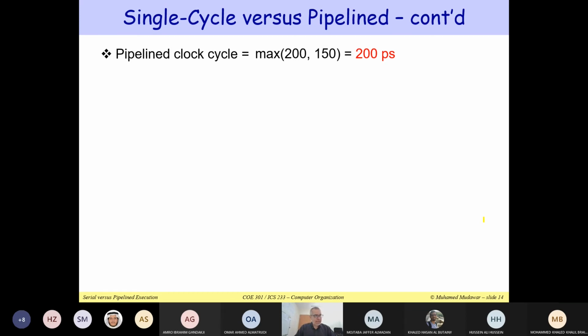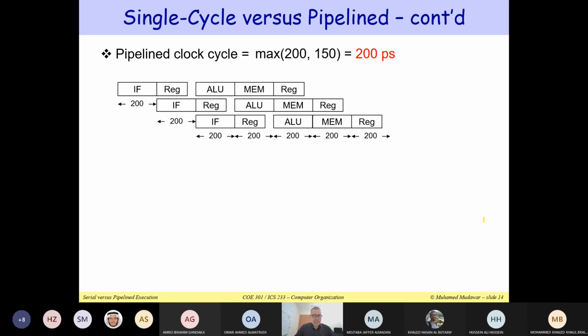You can see that the clock cycle is much better. Now, this is basically it. So you can see that this is actually pipeline execution. It takes 200 picoseconds to fetch. After we fetch, we decode the instruction and we read from the register file. Now notice that we have fixed the clock cycle to 200 picoseconds, even though it takes slightly less to read from the register file.